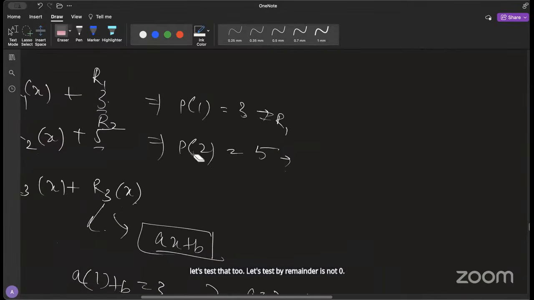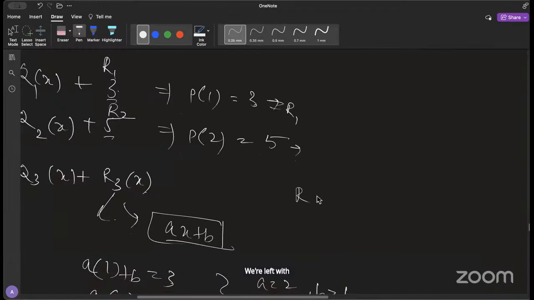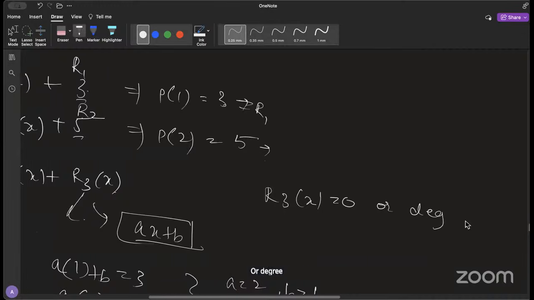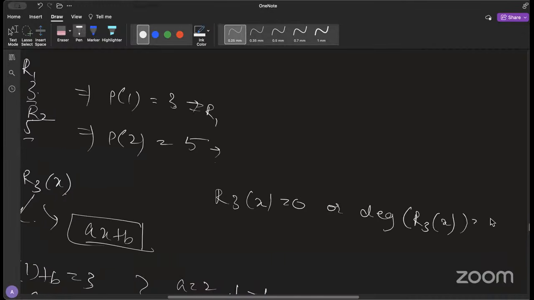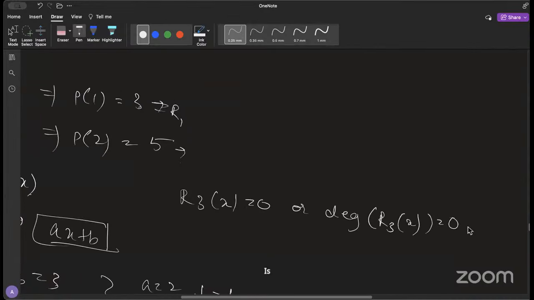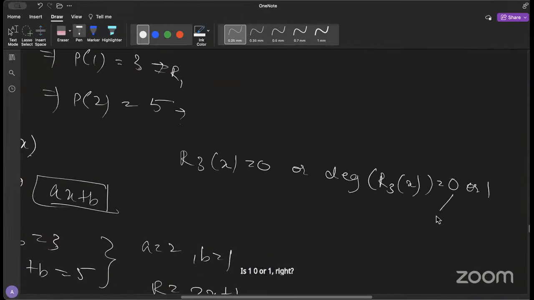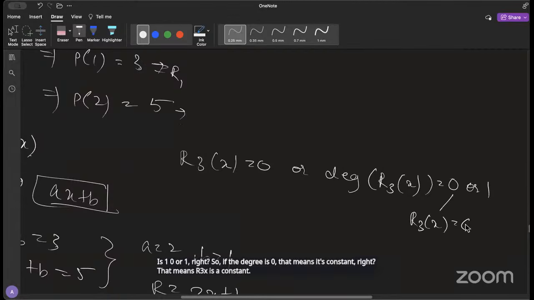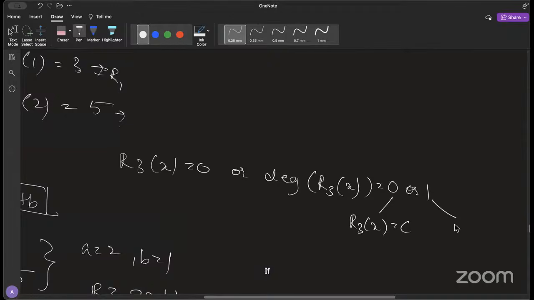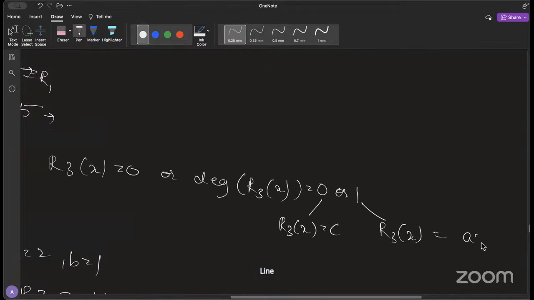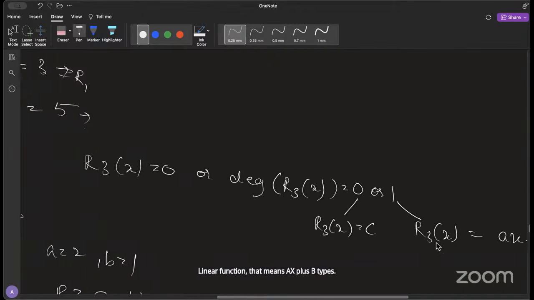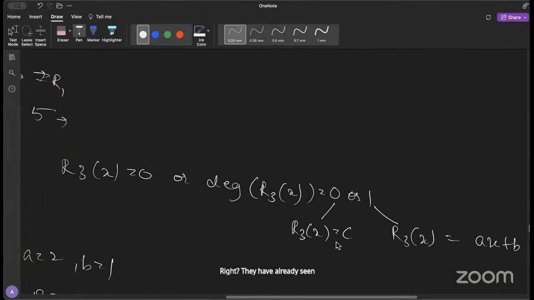So we're left with possibilities: either R3(x) is 0, or the degree of R3(x) is 0 or 1. If the degree is 0, that means R3(x) is a constant. If the degree is 1, that means R3(x) is a linear function, of the type Ax plus B, right?